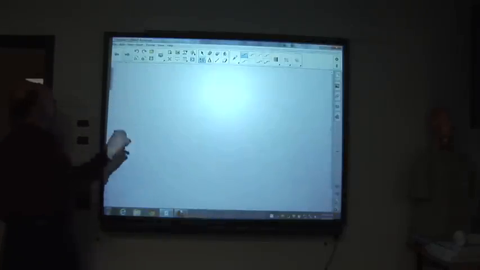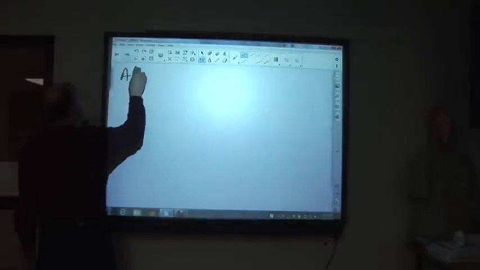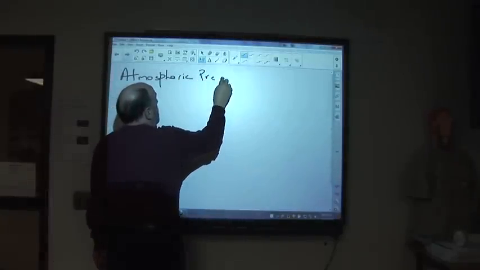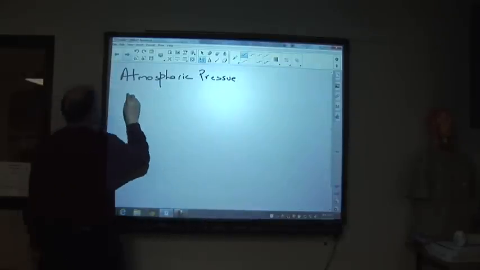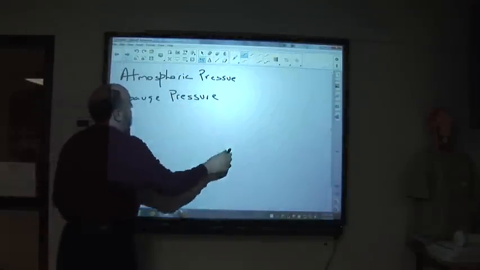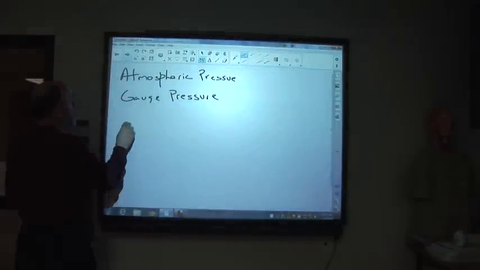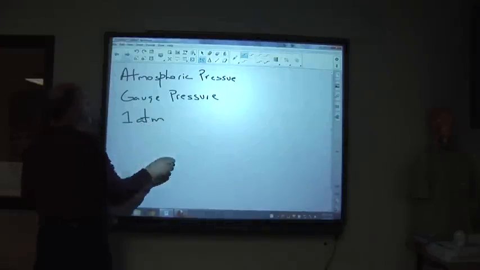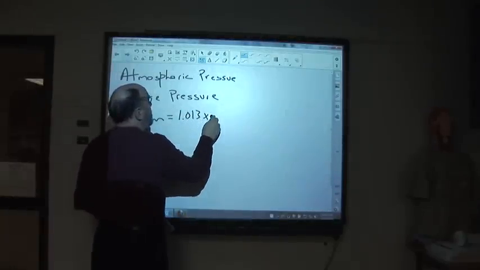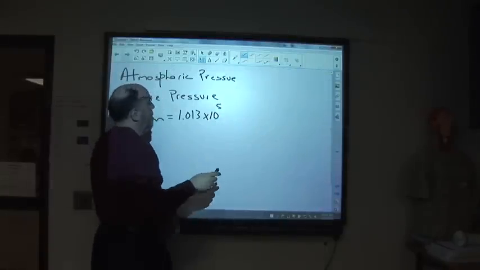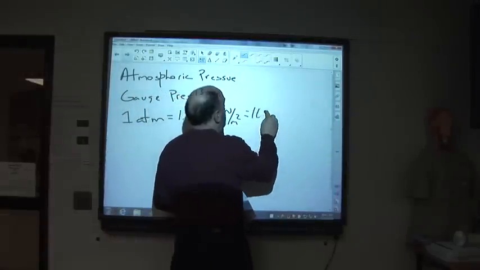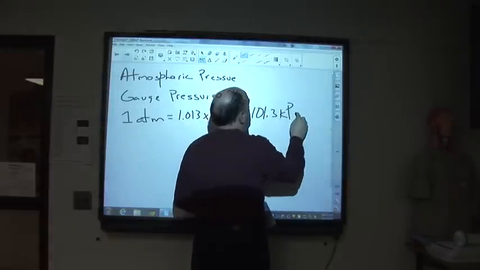We can also look at a gas, where we get atmospheric pressure and also gauge pressure. 1 atm, here in Seattle where we're basically at sea level, is 1.013 times 10 to the 5th newtons per meter squared, which is also 101.3 kilopascals.